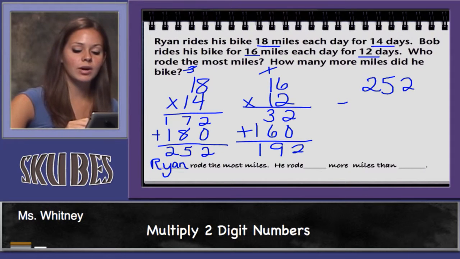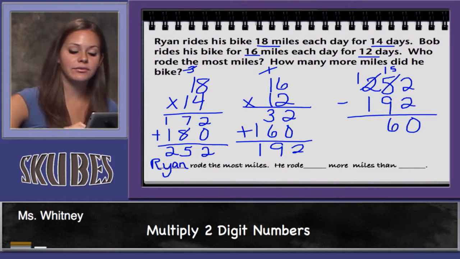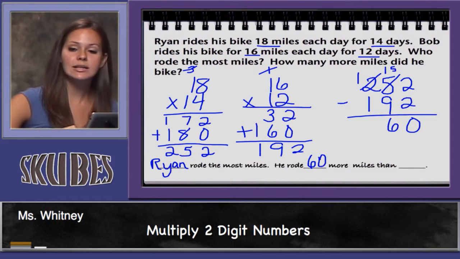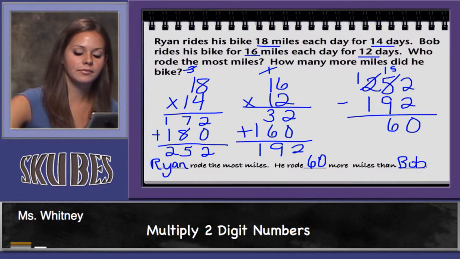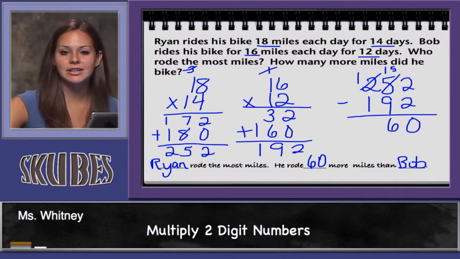We'll subtract 192 miles that Bob rides his bike. 60 miles is the difference. Ryan rode 60 more miles than Bob. And this concludes our lesson on multiplying two-digit numbers.